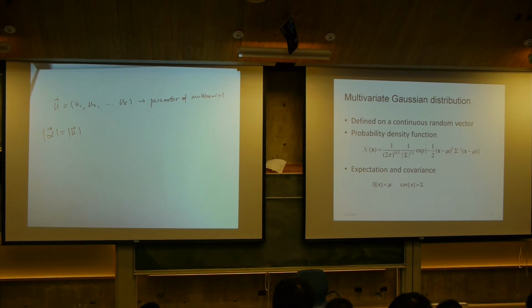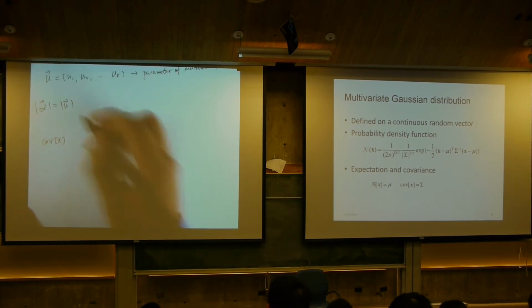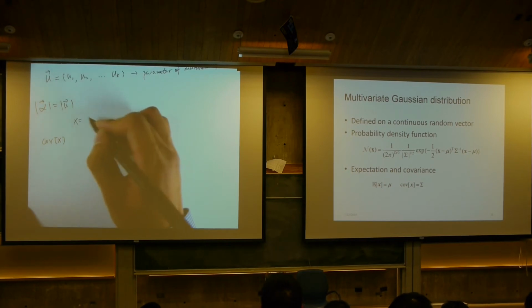By the way, covariance is defined as follows. Because x is a vector here, it has k components.